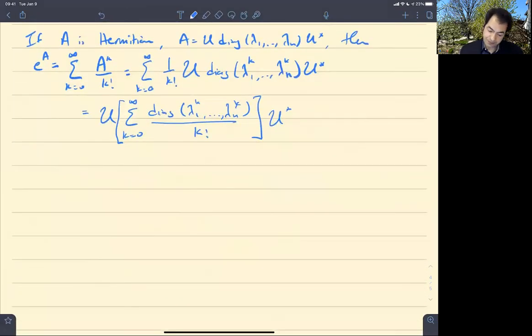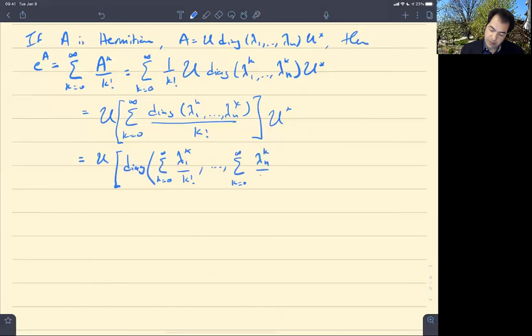Let's keep going. If you do a sum of diagonal matrices, then of course you're just doing a sum of each diagonal entry. So I can write this as U times the diagonal matrix, where in each entry I'm doing the sum k goes from 0 to infinity: lambda 1 to the k over k factorial, and so on, up to the sum k goes from 0 to infinity of lambda n to the k divided by k factorial, then U star.